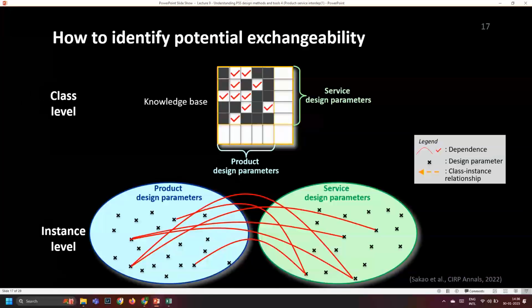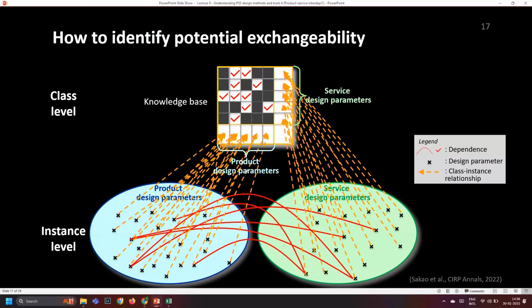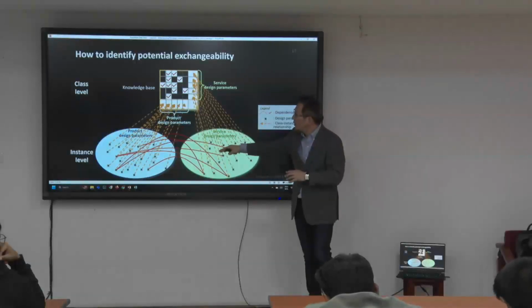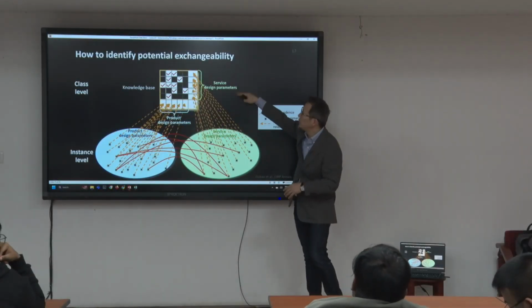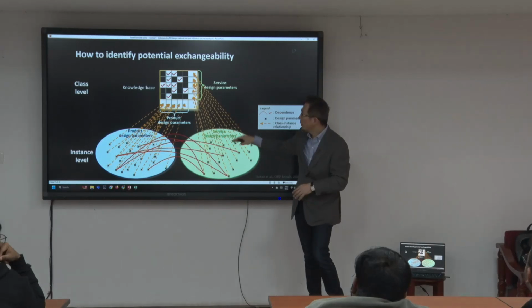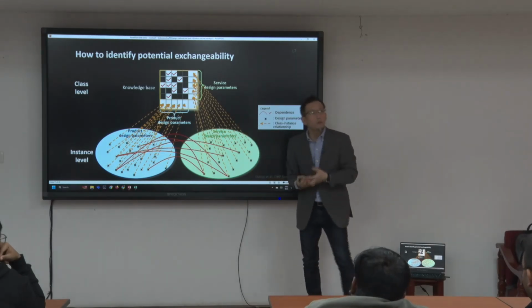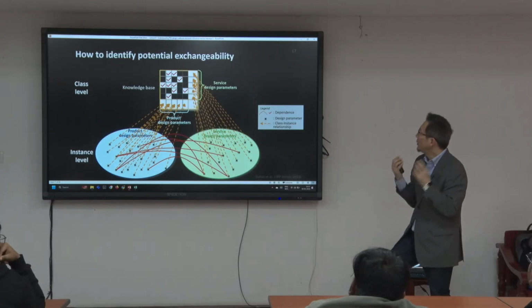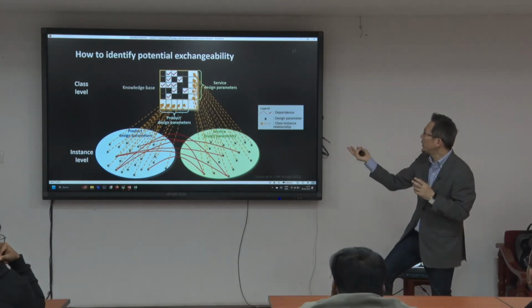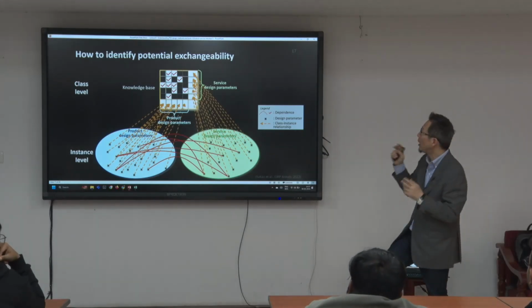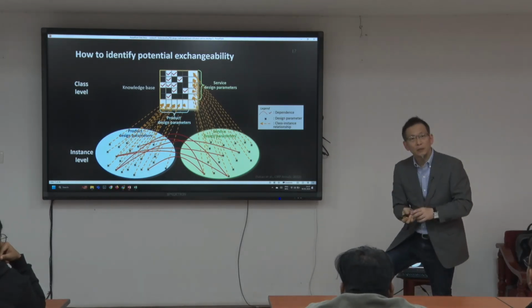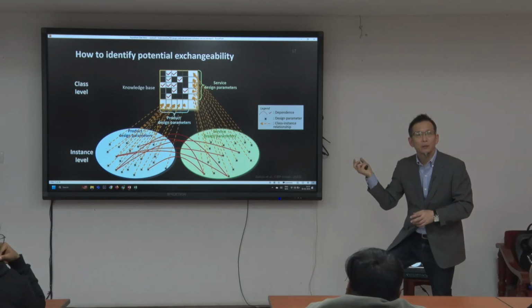So that's why a recommendation here is to lift up your thinking level from the instance level to the class level. So you move yourself up to the abstract level where the service design parameters and product design parameters are possible to represent as class parameters, categories.